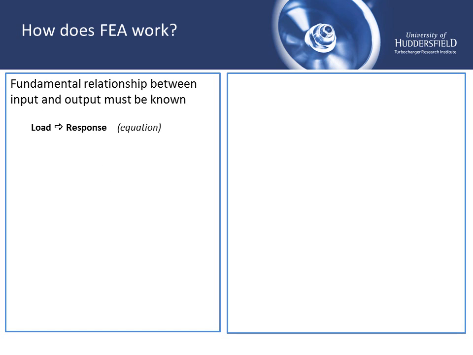So how does FEA work? Well, to start with, we need to know what the fundamental relationship is between whatever our input is and our output, and we need that in the form of an equation. So if we've got a load applied to a structure, we need to know what the response is. We need an equation which gives us that response.